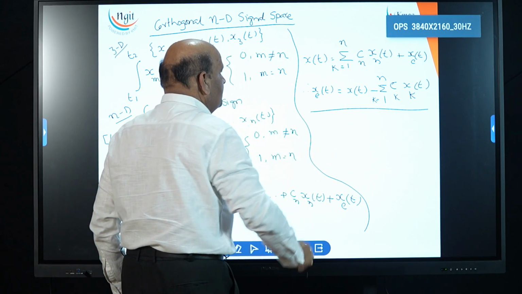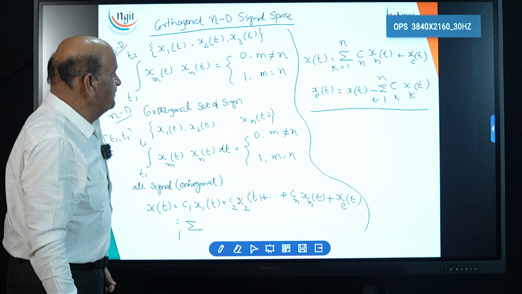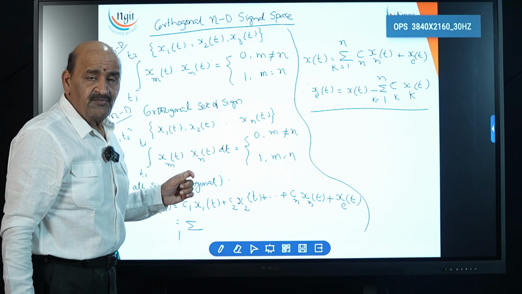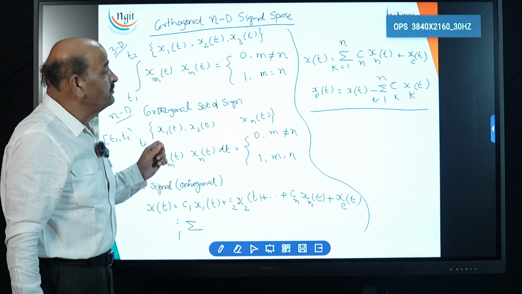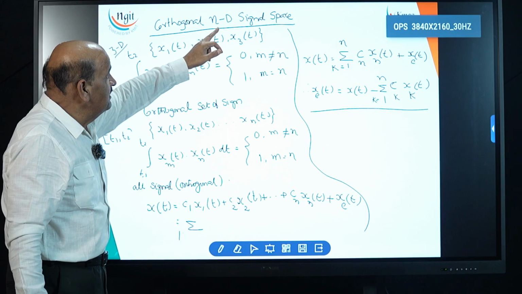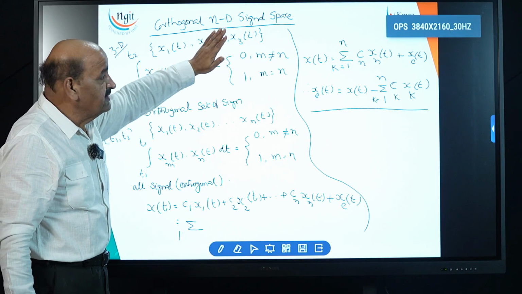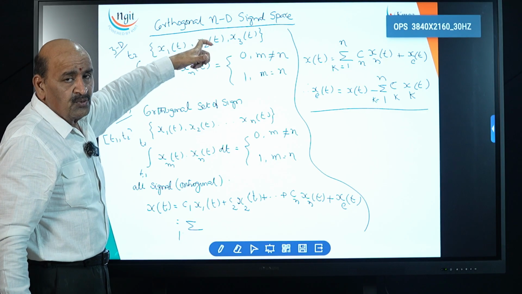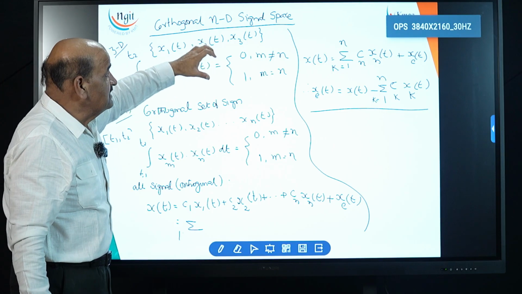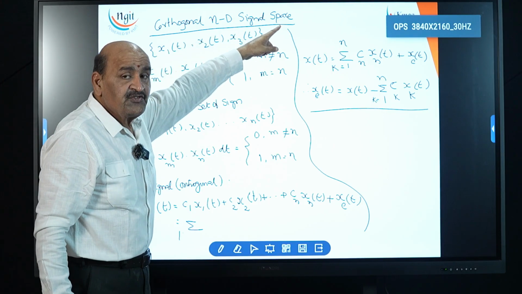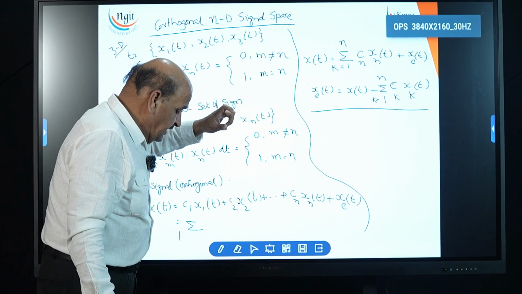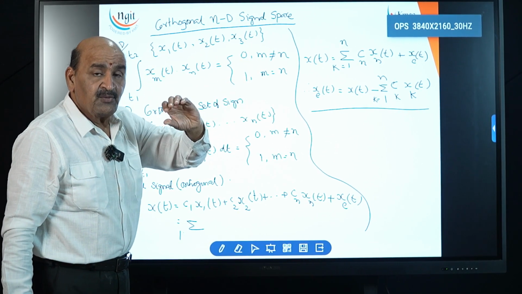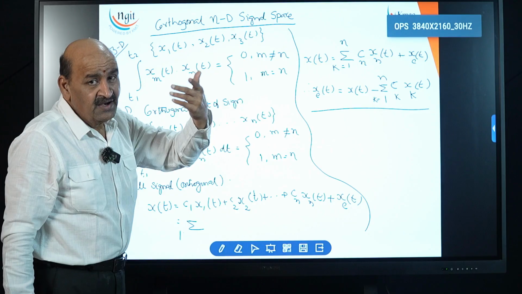Now just look, this is the representation of an orthogonal n-dimensional set of signals. Since more than two signals are there, that's why we are using the word space. The word space is to be used for 3 or more vectors or 3 or more signals.